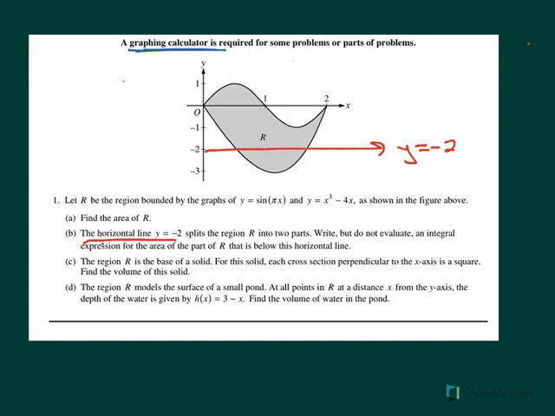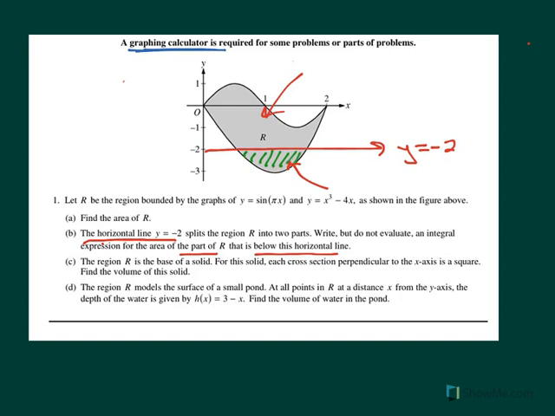So you have the part above it, and you have the part below the y equals -2 line. Write but do not evaluate an integral expression for the area of the part of R that is below the line. So this is another top curve minus bottom curve question, just with a little bit of a twist on it. So we're looking for this.